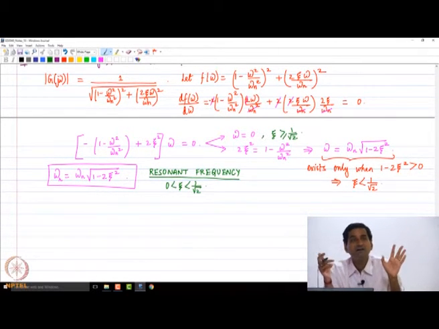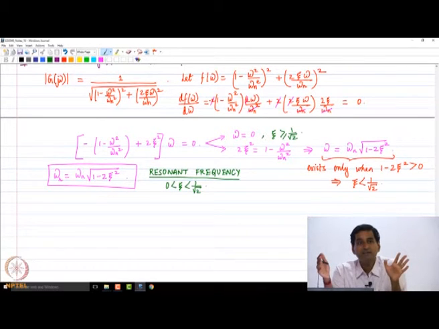We already defined a couple of frequencies, right. So, what was natural frequency? You take a second order system, let us say you remove the damping, then you give a perturbation, the frequency at which the undamped system oscillates is what is called the natural frequency.